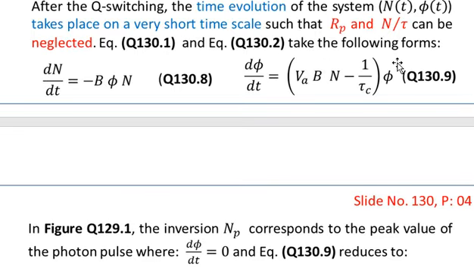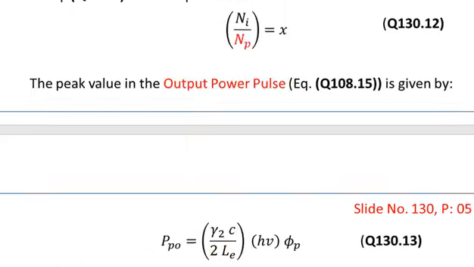This is equation number 9. And in equation number 9, phi of t is present. This is the derivative of phi of t with respect to time, and here phi is present in the form of phi of t, and we can write down equation number 9 in the following form.